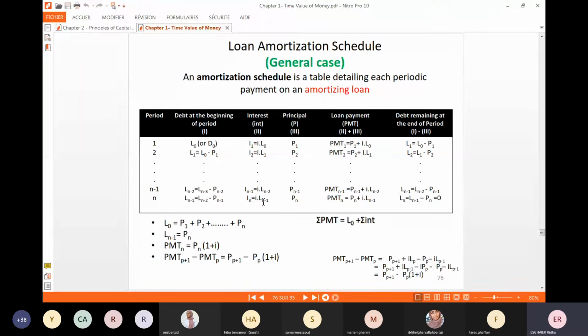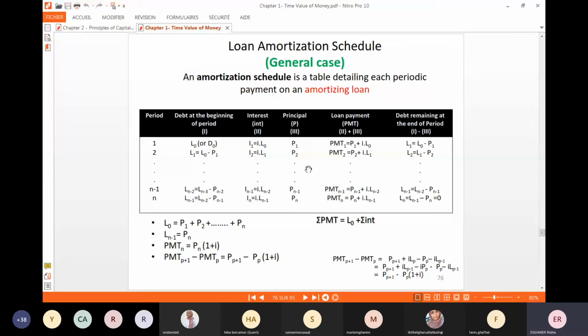To get a constant balance at the beginning of each period, we should have 0 principal portions. So P1, P2 until Pn minus 1 must be 0 to get a constant interest. It means that each period from 1 until n minus 1, the principal portion reimbursed is 0.